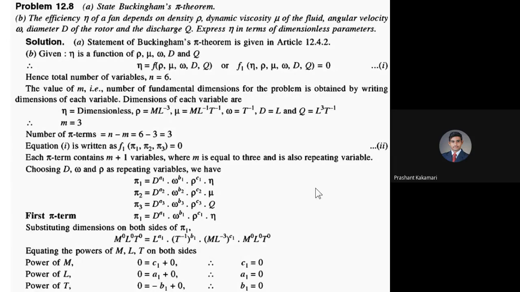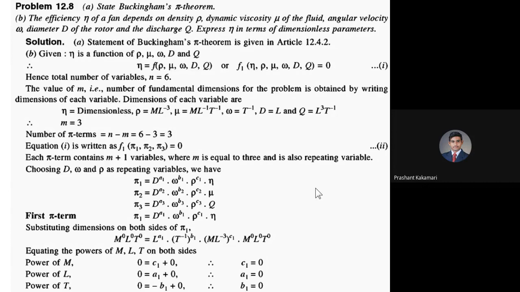The parameters given are density rho of the air or water, dynamic viscosity mu of the fluid, angular velocity omega, diameter d of the rotor, and the discharge. Here they have not mentioned any particular fluid because we are just focusing on dimensions, not the quantities or the particular substance.